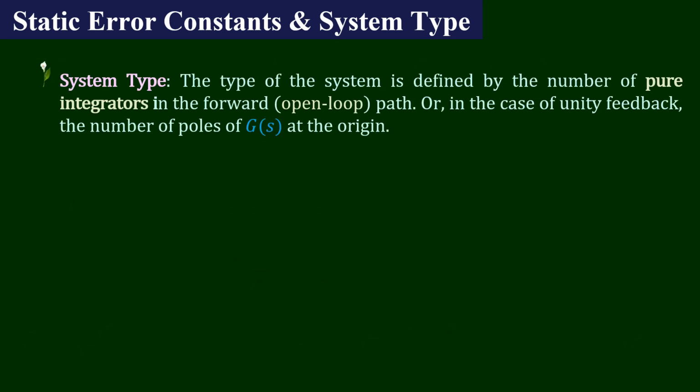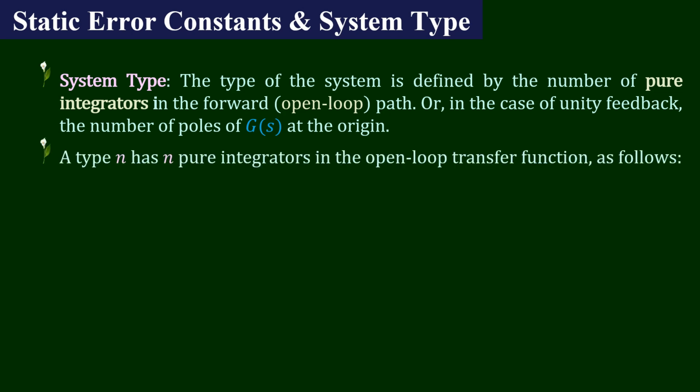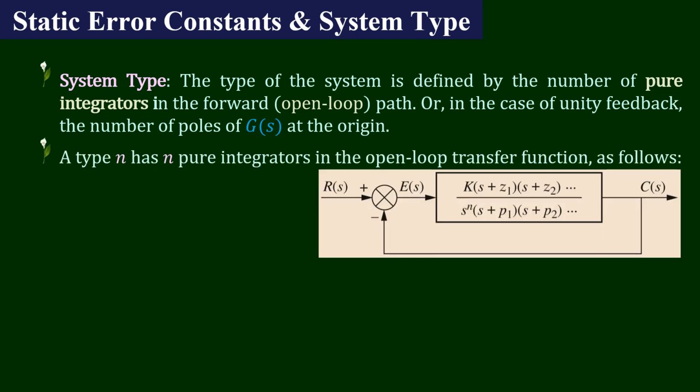System types we studied in the previous lecture, so I am not repeating it here. Just quickly, the number of pure integrators in a loop gives us the type of the system. If there is no pure integrator, it is type 0. If there is one integrator, it is type 1. If there are two integrators, it is type 2 and so on.